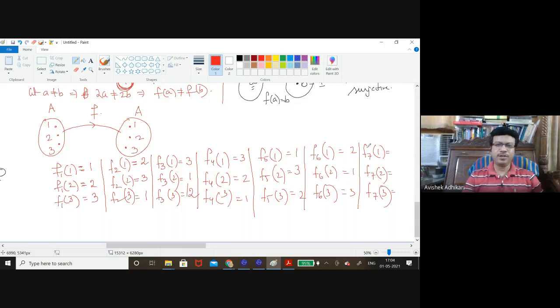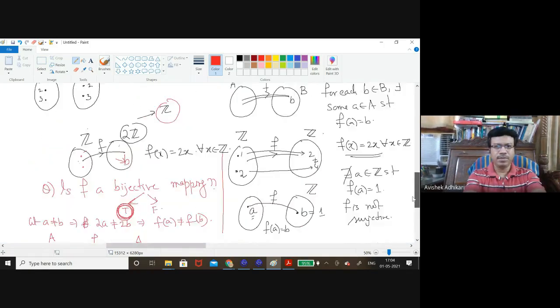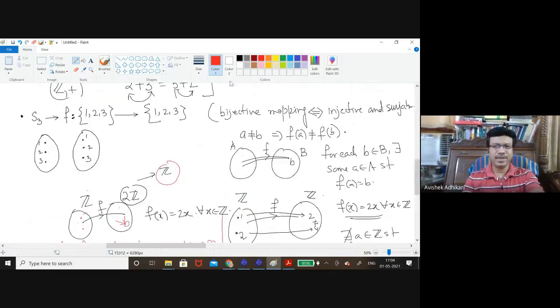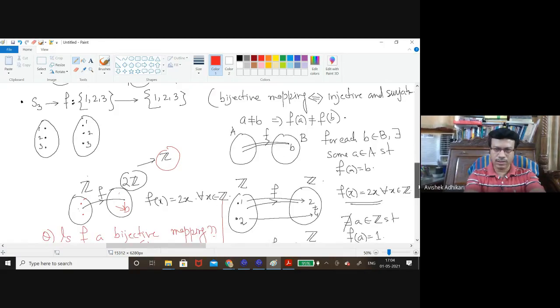Yes, you're right, because there is no such extra. So altogether all the permutations are only these 6. And that was the question that I just asked. How many permutations or bijective mappings are there from {1, 2, 3} to {1, 2, 3}? Okay, the answer is 6, and you could find all such 6.